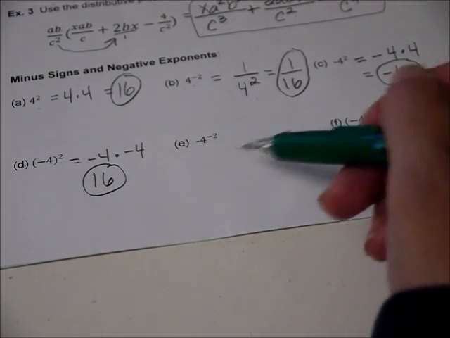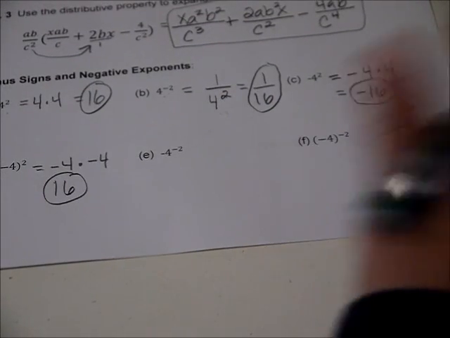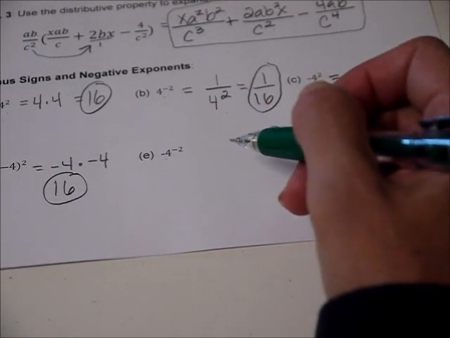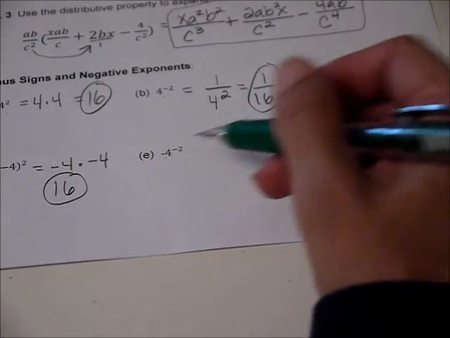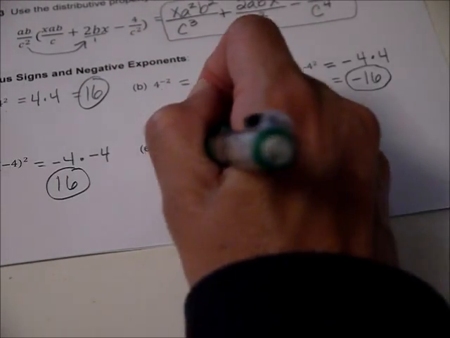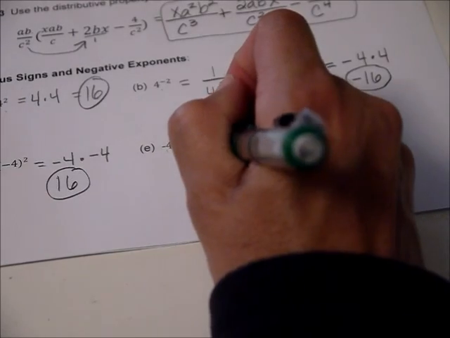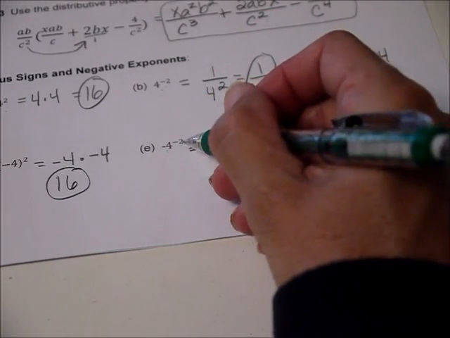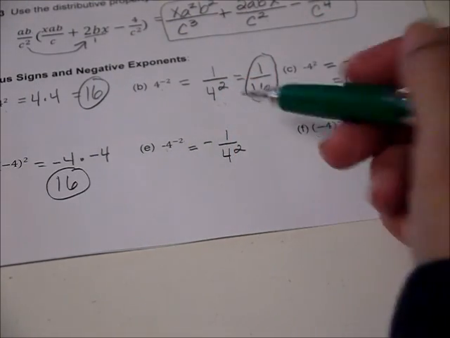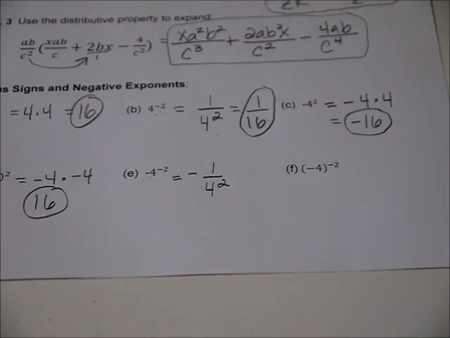So let's get back into negative exponents, and it's going to get trickier. Remember, this negative in front does not get to really do anything, it just sits there. So what we do is that negative is there, and 4 to the negative 2 is the same as 1 over 4 squared, as we set up above.